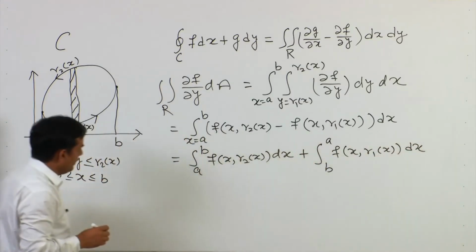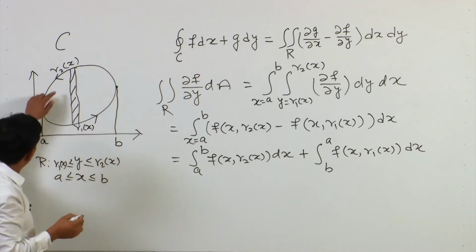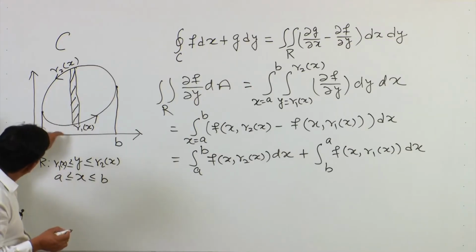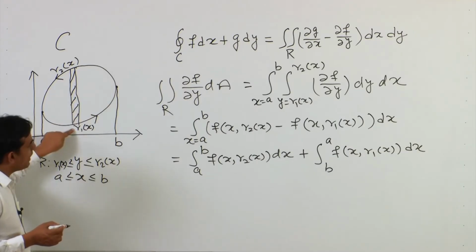So, what we are doing? We are moving along r2(x) from A to B, in the clockwise direction, and then from B to A through r1.